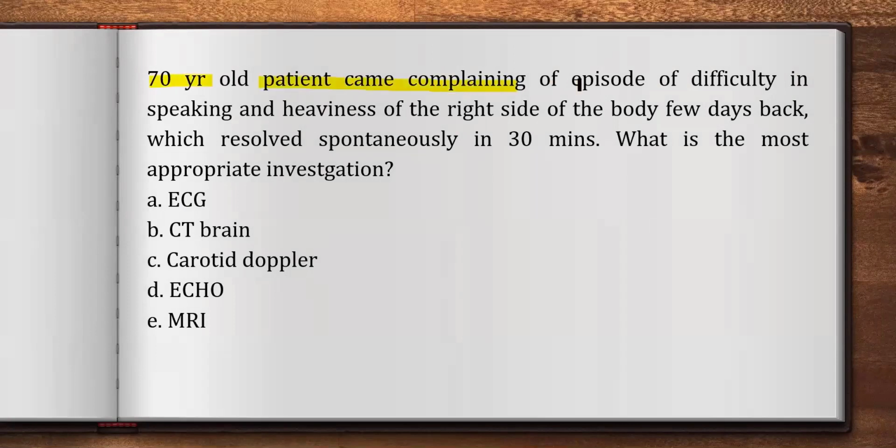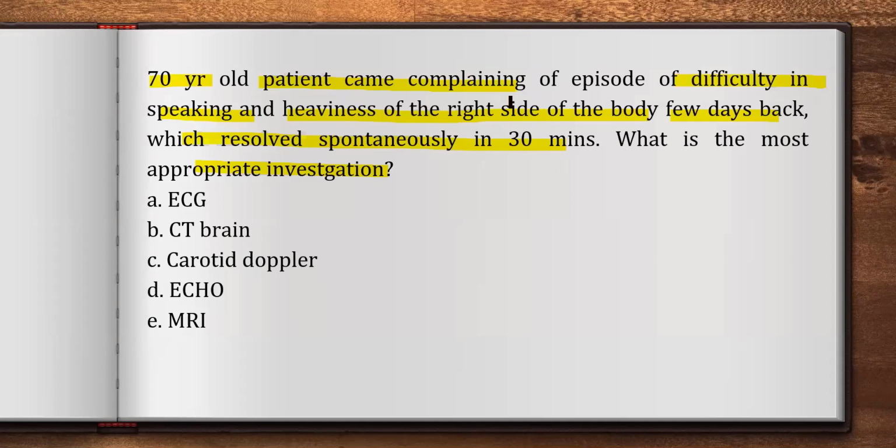A 70-year-old patient came complaining of an episode of difficulty in speaking and heaviness of the right side of the body a few days back, which resolved spontaneously in 30 minutes. What is the most appropriate investigation for this patient? So you've got a 70-year-old patient having difficulty in speaking, so aphasia, and heaviness of the right side of the body, probably a hemiplegia, which resolved in 30 minutes.